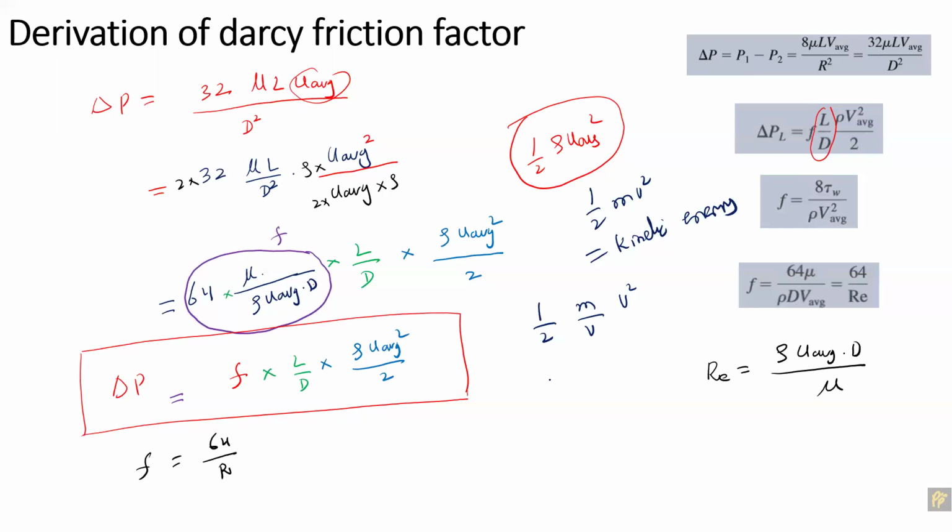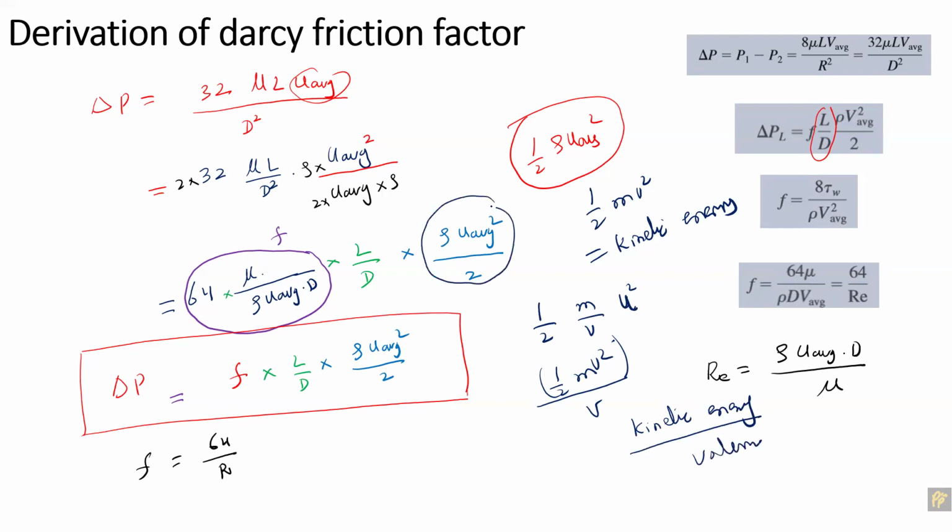So I can write this as 1/2 mv square divided by volume, where v is the velocity and V is the volume. So this thing is basically the kinetic energy per unit volume. This term shows the kinetic energy per unit volume. Okay, is it clear?